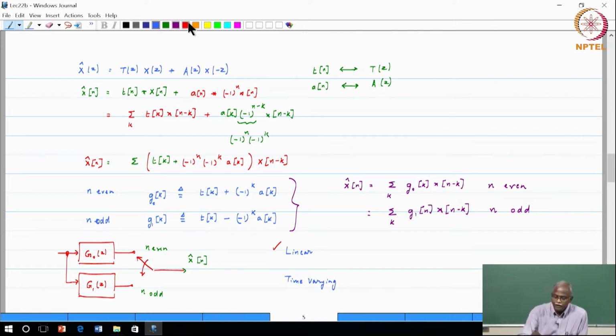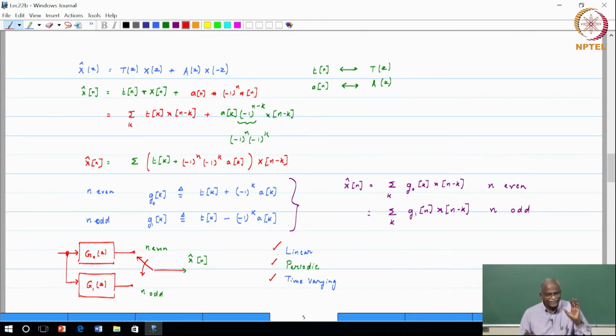There is one more element which is important in the time varying aspect. Time varying just says that at every instant of time it is a different impulse response, but this one does not have a different impulse response for every instant of time, it is actually a periodic variation. So, this has also a third element, which is that the impulse response is periodic. That is also part of the description.